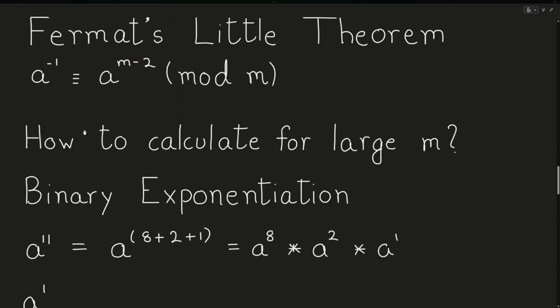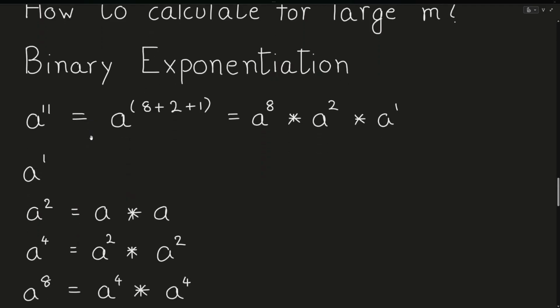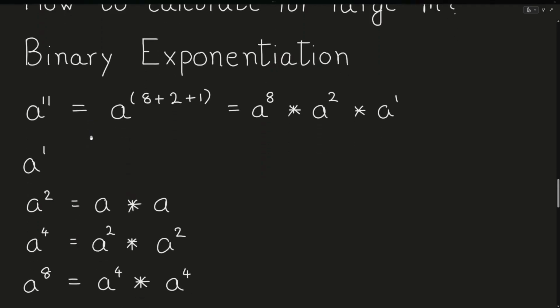Now, there's a small problem with this. In most problems, m would be a large integer, such as 10^9 + 7. And if we try to do this linearly, we'll get a TLE. So there's a technique to do this much faster. It's called binary exponentiation. In this, we take the exponent and we break it down into its binary representation or its powers of 2.